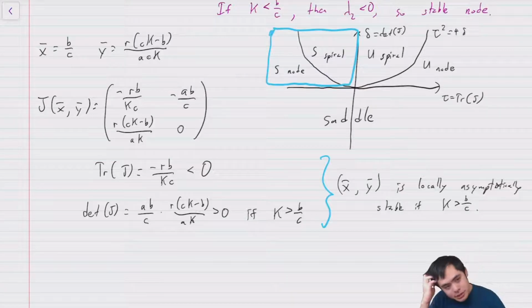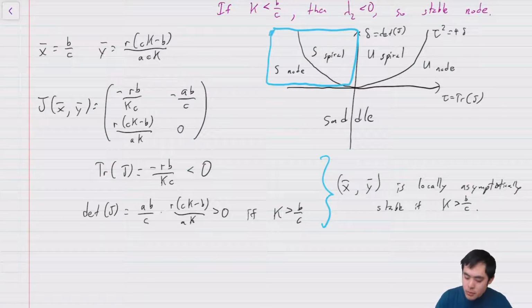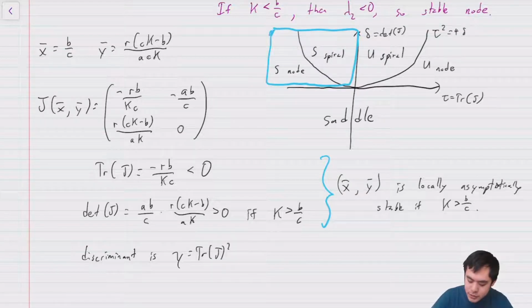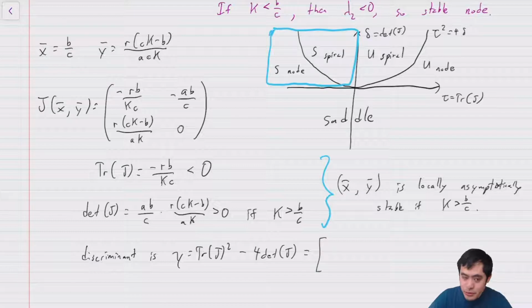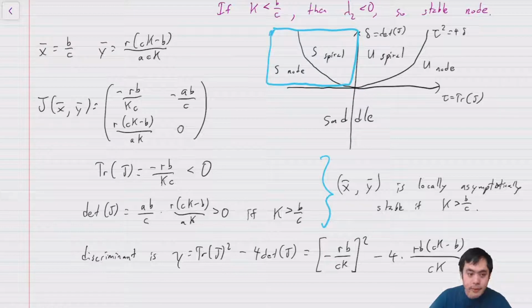And now, of course, we also have the discriminant. The discriminant gamma is equal to the trace of J squared minus 4 times the determinant of J, basically corresponding to whether you're above or below that parabola, which is equal to minus r b over c k, squared, minus 4 times r b times (c k minus b) over c k.